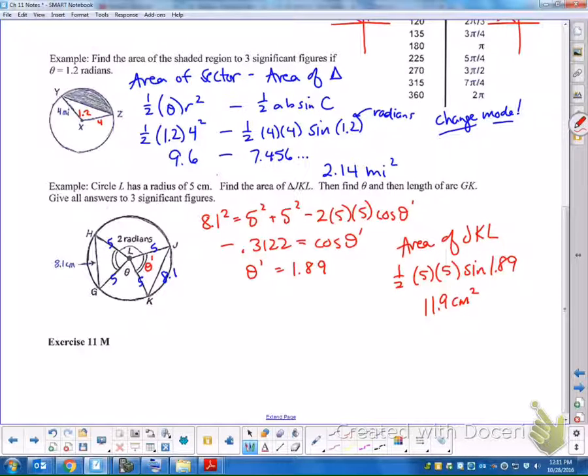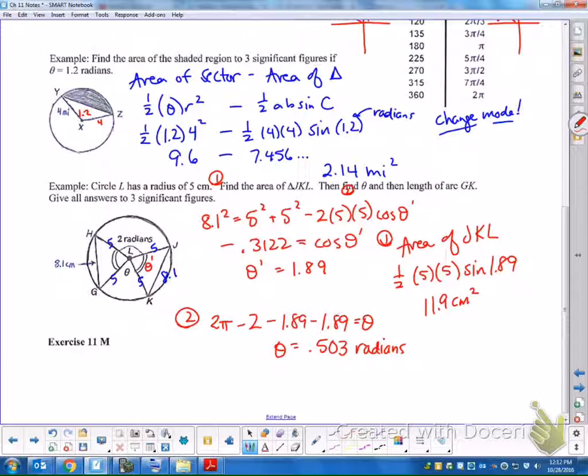Okay, so if we kind of number this there, that would be number 1. Number 2, to find theta, that's going to be, again, 2 pi minus 1.89 minus 1.89 will give me theta, and that's going to be 0.503 radians, because it said 3 sig figs.